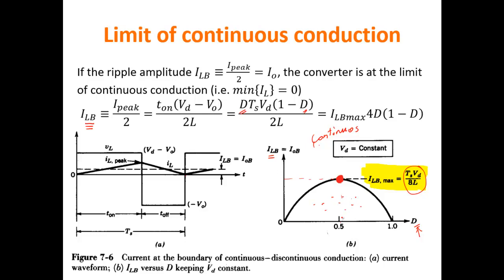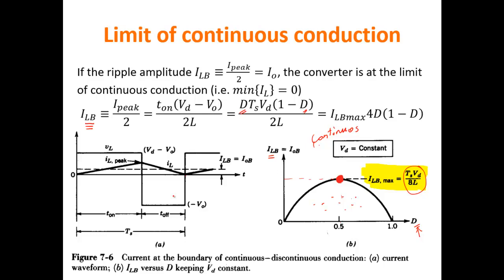Below this value, we are in a region in which something is going to happen. What is the problem? For what we have discussed up to now, if I just look at this picture, I can say that when the average current goes down, the minimum of the current goes below 0. In principle, nothing is changing in the operation of the circuit, but if I look at the initial circuit that I have considered, I see a problem.